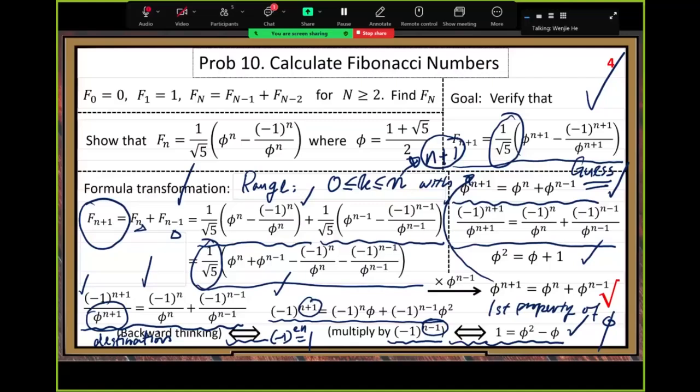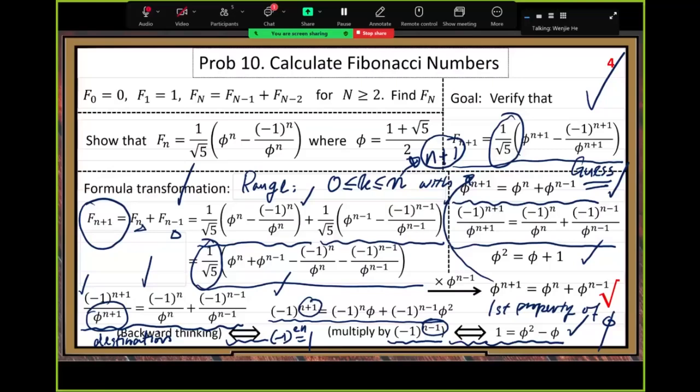You just prove one case, okay? One from n to n plus 1 case, then it works for all the cases, all integer cases. Yeah. That's the power of mathematical induction. Okay? All right.